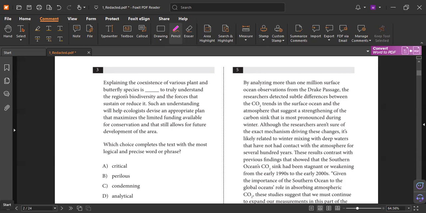Let me help you. I don't know if this is correct, but it's A. So you think it's A.